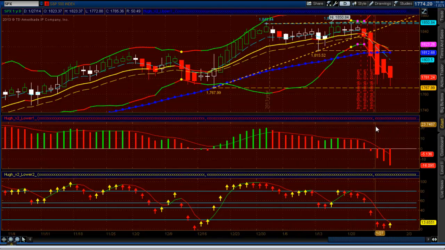My lower studies are still showing that the momentum's to the downside, but when I start seeing that this thing's shifting and starting to balance out and find support, then there are certain option strategies that I like to do to take advantage of it. And I don't have to get the exact direction right. I can still profit from a lot of different types of strategies, even if it goes sideways and waffles.